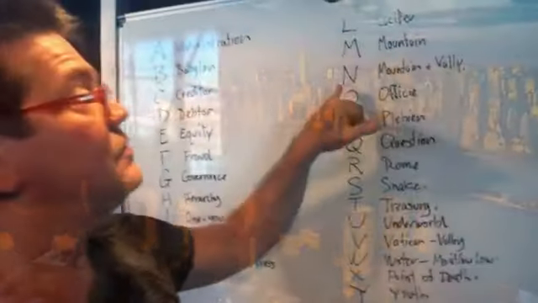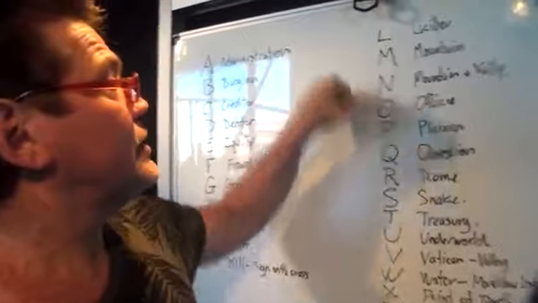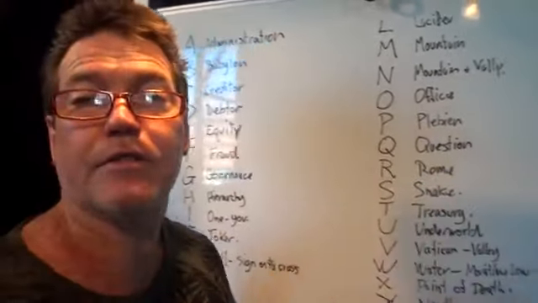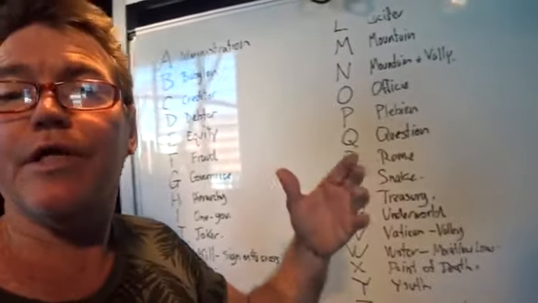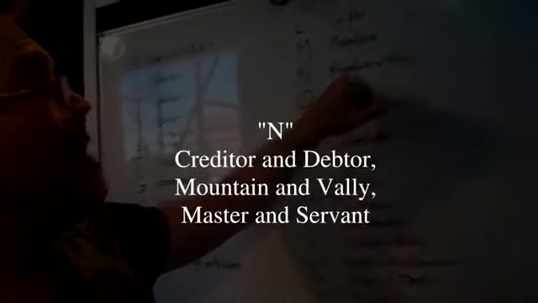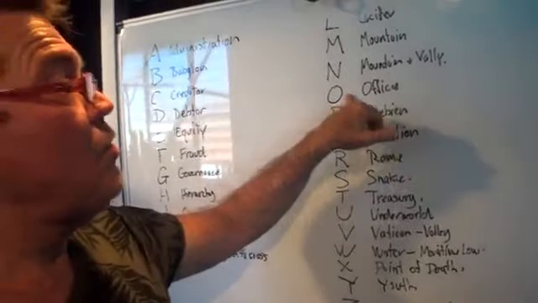N is neutral, which is mountain, like that, and valley joined together. Neutral, all the neutral, nothing, no, you know, all the N words. It's got to do with this, which is mountain and valley, the mountain and valley. O is the office, which is a circle.